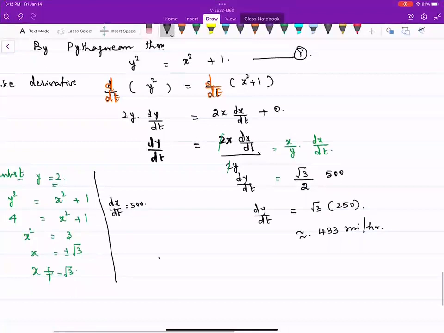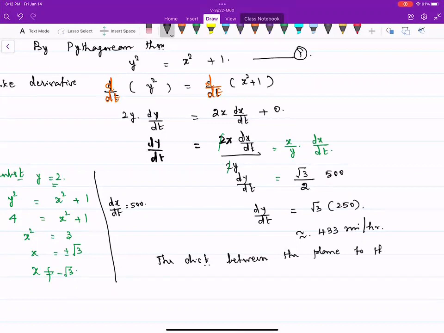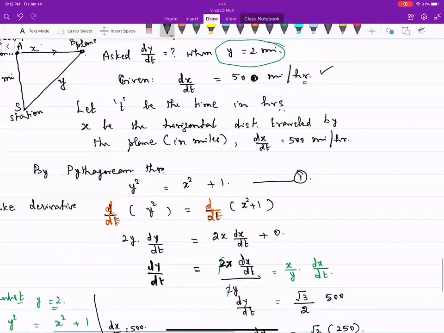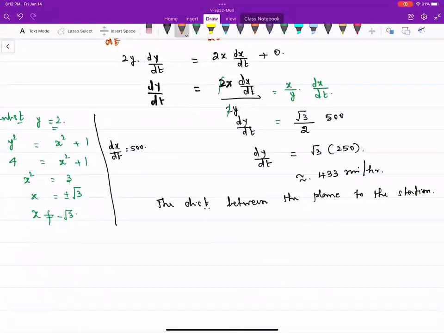So the distance between the plane and the station, that is what the y is, is increasing at the rate of, why do we use the word rate?